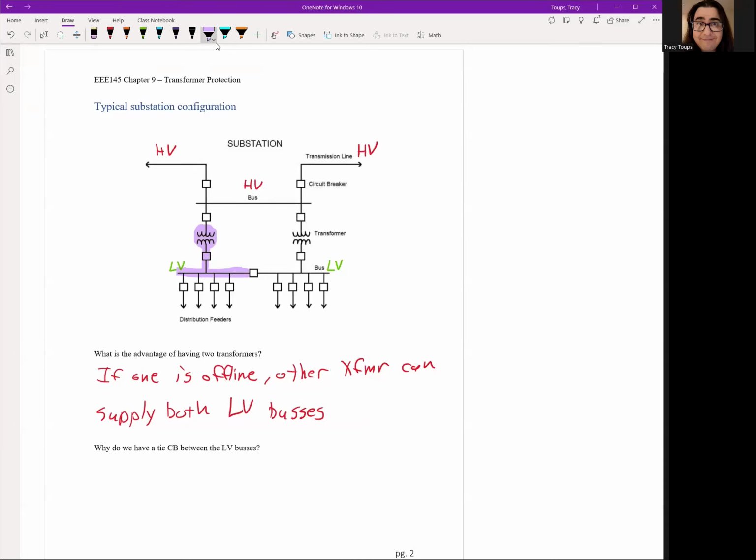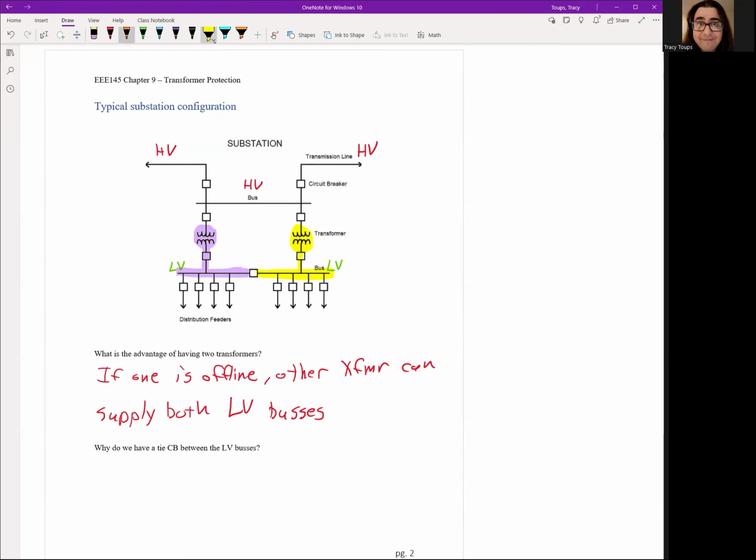We split them 50% on one side and 50% on the other side. So we have one over here. That way, in an unforeseen event, a fault, a natural disaster, if one of the transformers gets hit, we only lose 50% of our customers, not 100%. So we have it split between two groups.